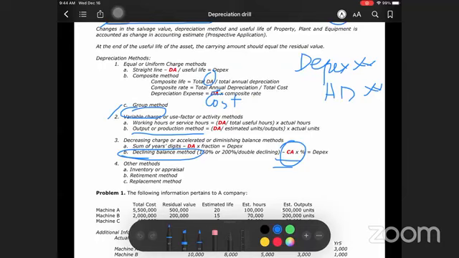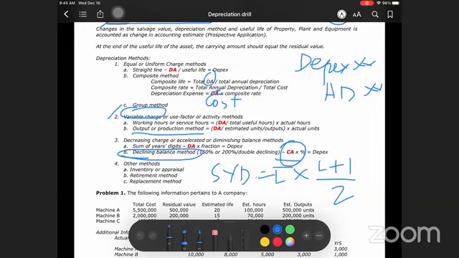Under sum of years digits, SYD, that's life times life plus 1 divide 2. Okay, that is how you compute the denominator under the sum of years digit method.